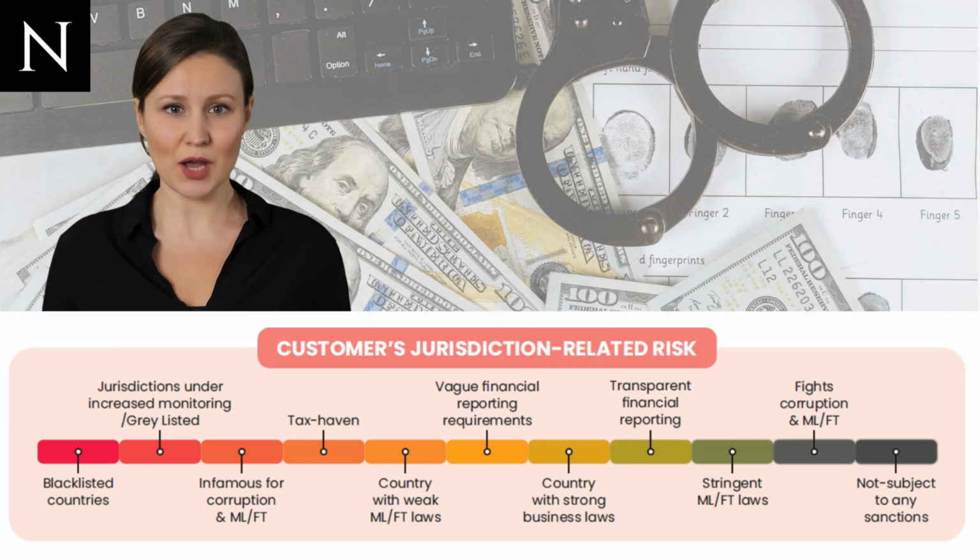A customer from a country or jurisdiction with vague financial reporting requirements, weak money laundering or terrorism financing laws, a tax haven country, notorious for corruption and bribery, political instability, blacklisted or grey-listed by FATF, poses an increased money laundering and terrorism financing risk upon the business.